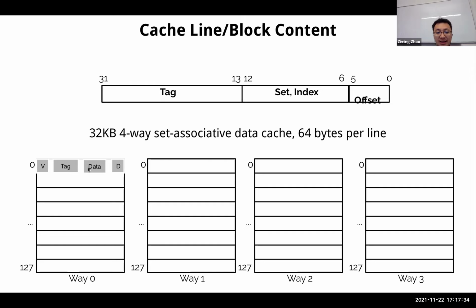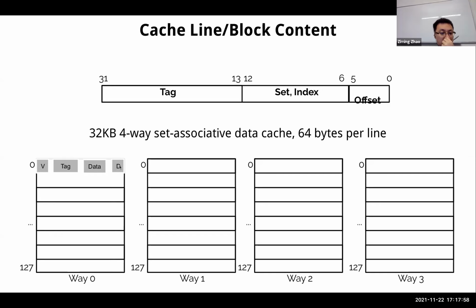Then obviously we have the data itself, which is 64 bytes. So when we look at this item in the cache, we know what data it is, what tag it has, and the set number, so we can reconstruct its address from the tag and the set number. We cannot get the tag anywhere else, that's why we store it here.